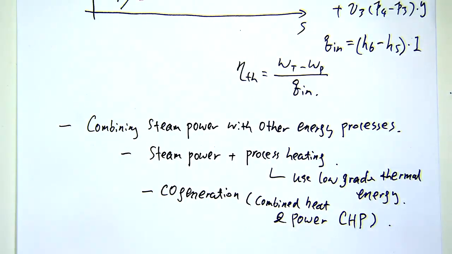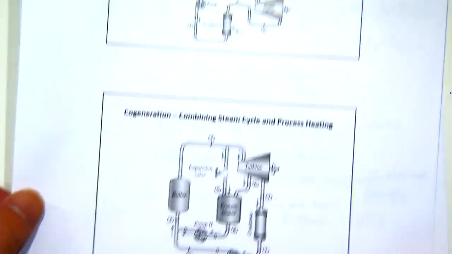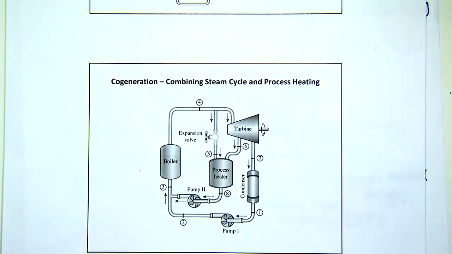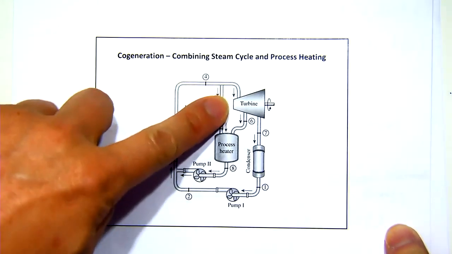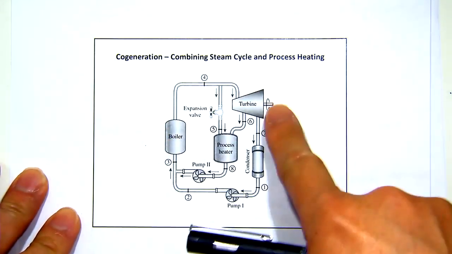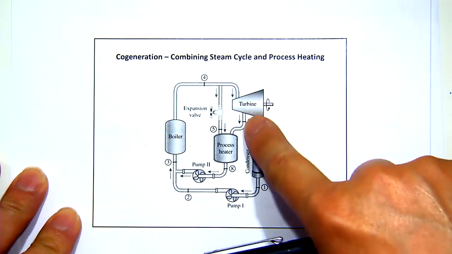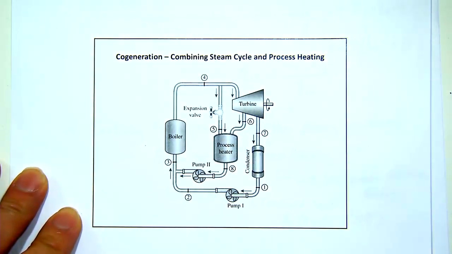The process looks like this. So ignore this expansion valve first, all right? So you have a boiler and a turbine, and the partially expanded steam going into this process heater. So basically, it's a heat rejection process.